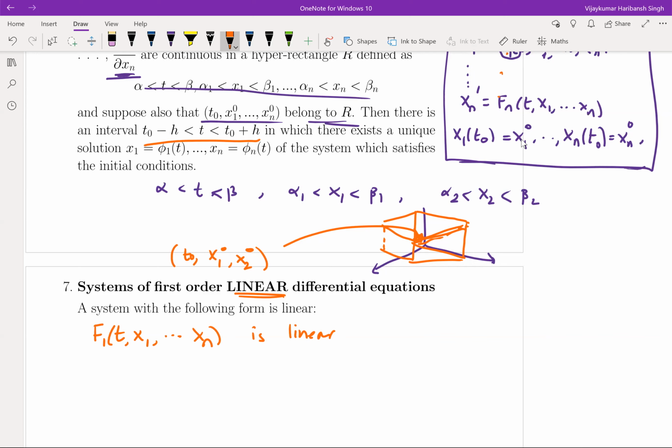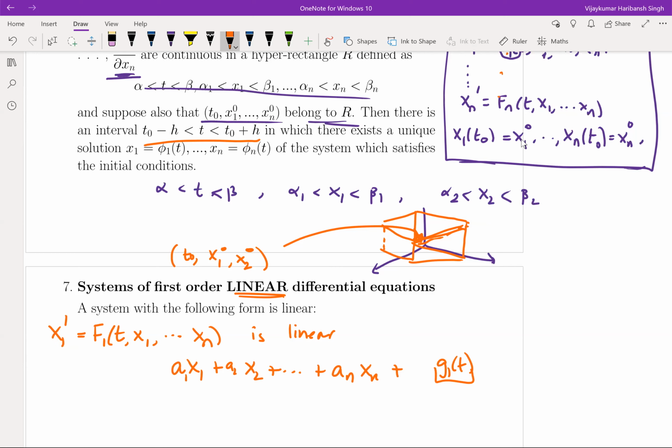So a linear equation, in this case, if you want to say that this is linear, it will look like some coefficient for x1 plus some coefficient for x2 dot dot dot some coefficient, so a1, a2, an, xn plus some function, say g1 of t. So this is what we mean by this being linear.